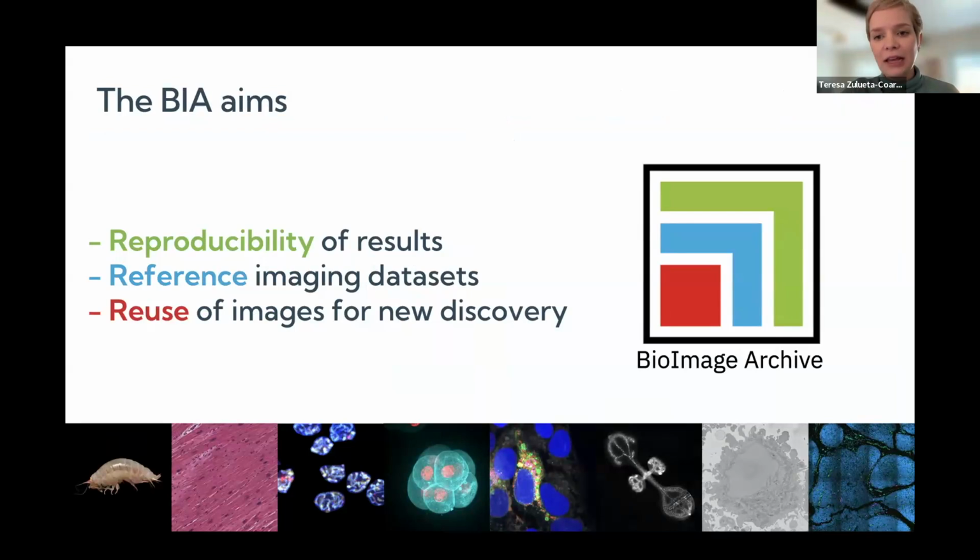They can be reanalyzed and we can gain new scientific insights, but they can also be used, for example, for training. And we know of different bioimage analysts that use our images for their training. But also they can be used to develop new image analysis methods, including, of course, AI methods.